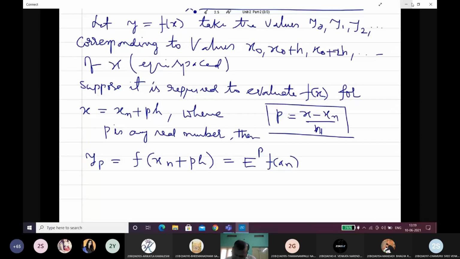That is very, very important; we have to remember this. e power -1 whole power minus p into f of xn, where f of xn is equal to yn.